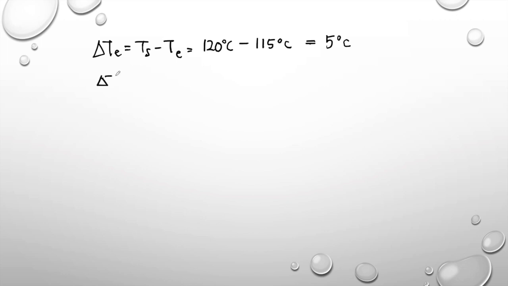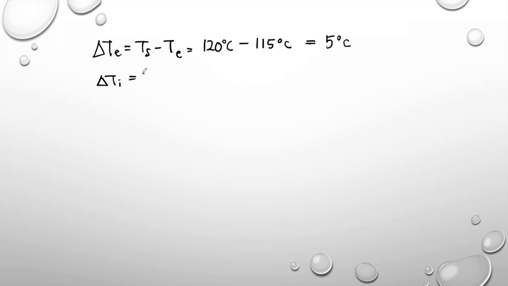So we have delta Te. Delta Te is equal to Ts minus Te. This is 120 degrees Celsius minus 115 degrees Celsius, and you will have 5 degrees Celsius. Next, we have to find delta Ti.